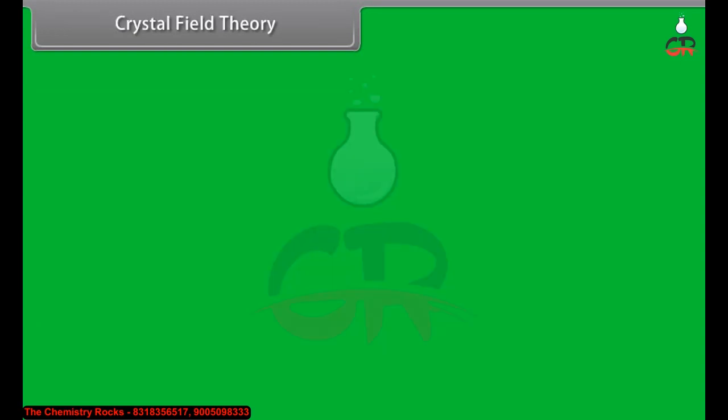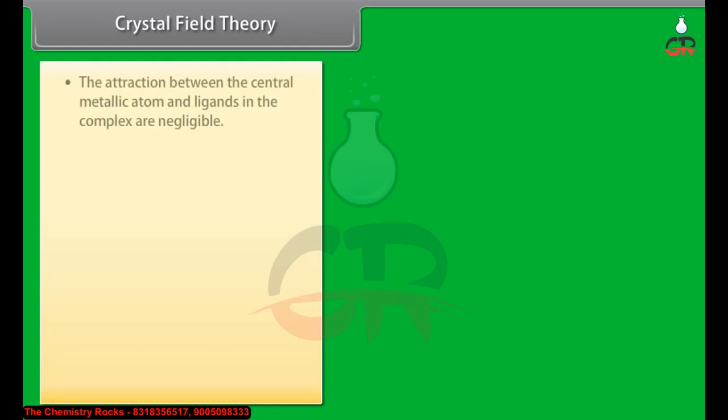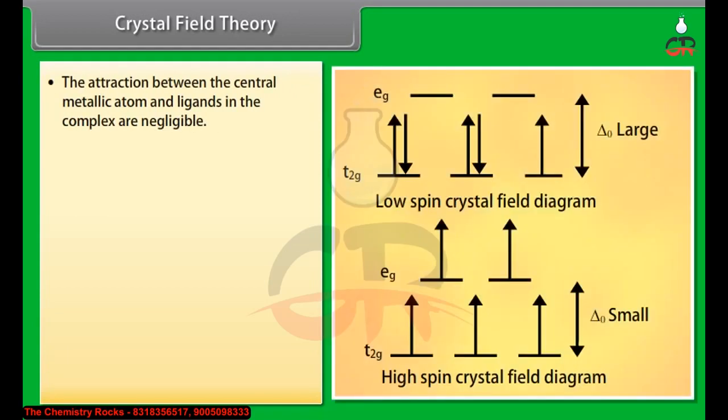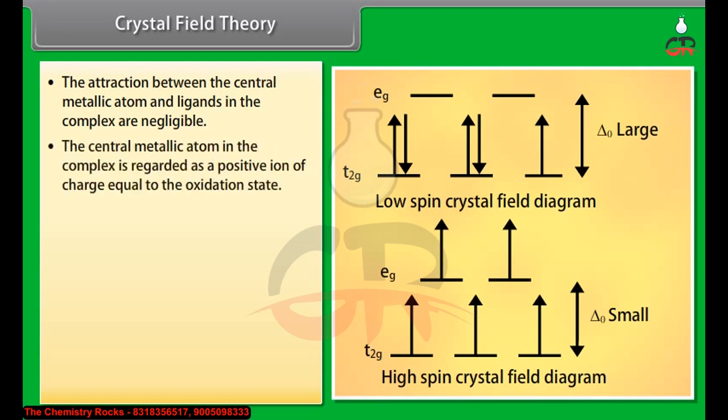Crystal field theory. The important points of the crystal field theory are the following. The attraction between the central metal atom and ligands in the complex is negligible. The central metal atom in the complex is regarded as a positive ion of charge equal to the oxidation state.